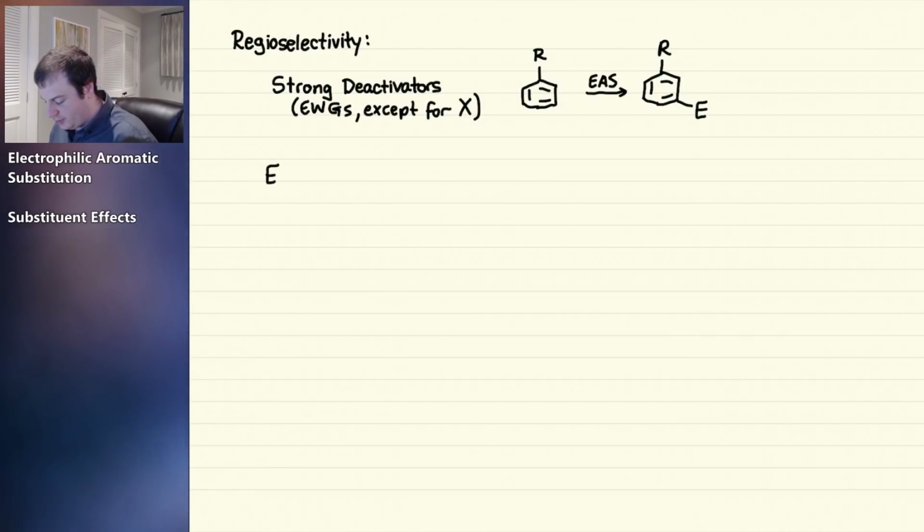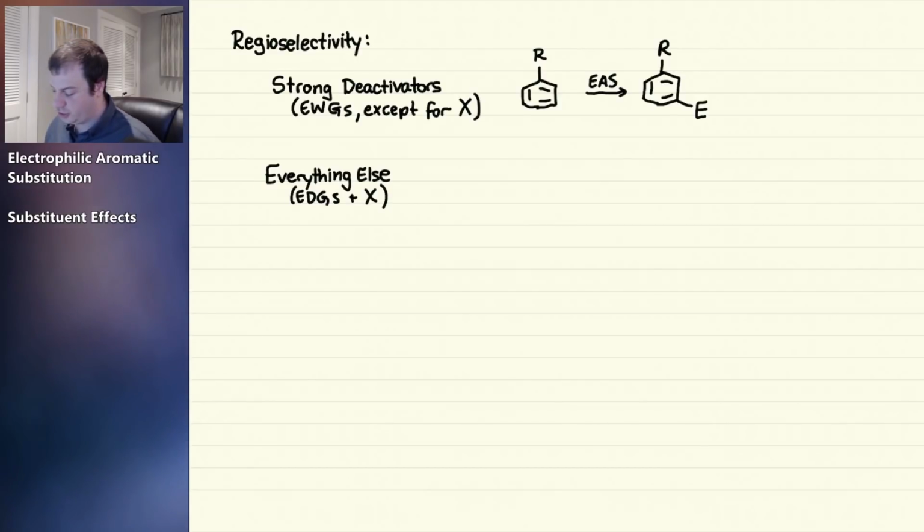Everything else, that is all the electron donating groups, and then also including the halogen. So electron donating groups plus the halogens are going to actually favor the para product. So here we have our benzene ring, and now the R group is something donating, and we do EAS.